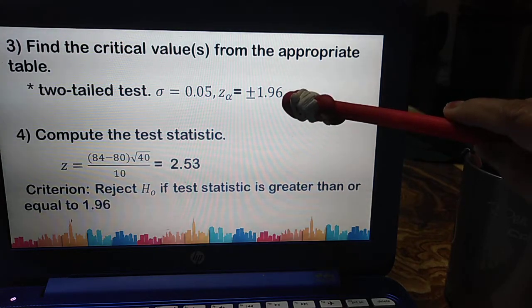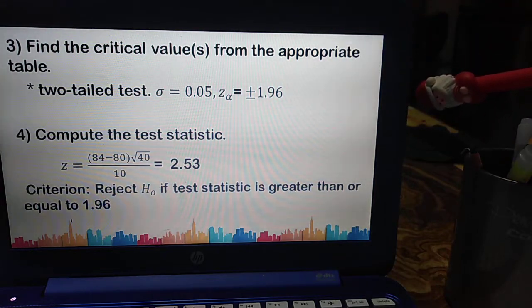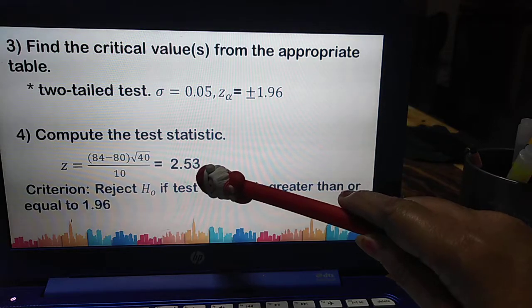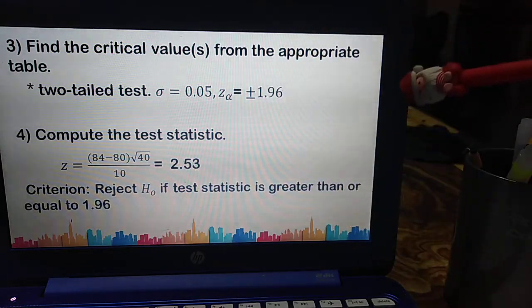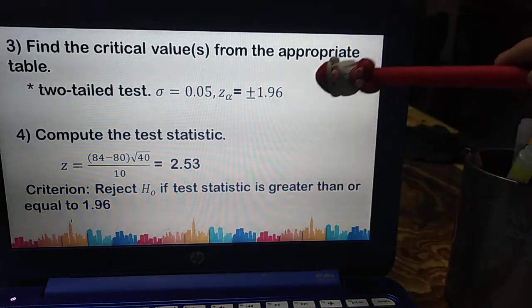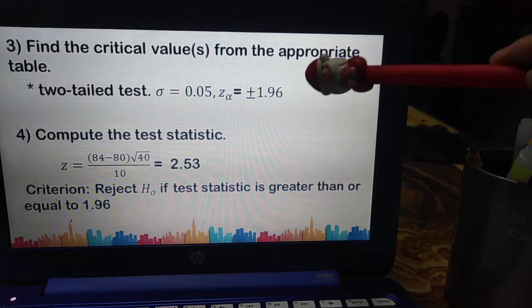So, on the right of 1.96 is our rejection area. We are now going to locate 2.53. 2.53 is on the right of 1.96. Since 2.53 is on the right of 1.96, therefore, it fell in the rejection area.